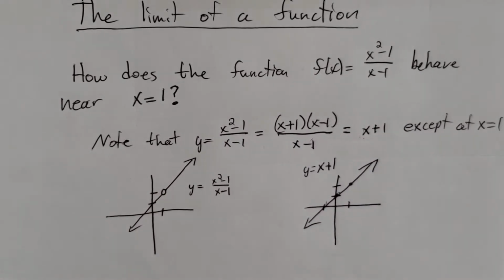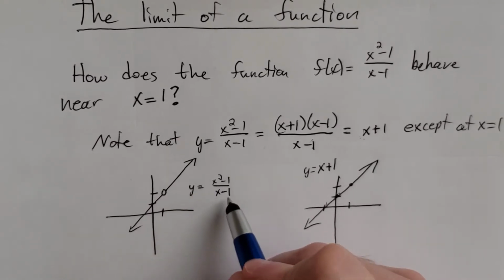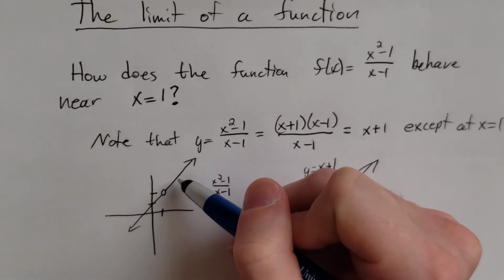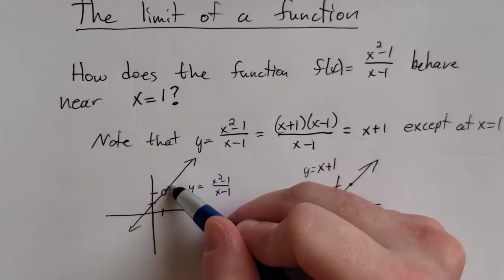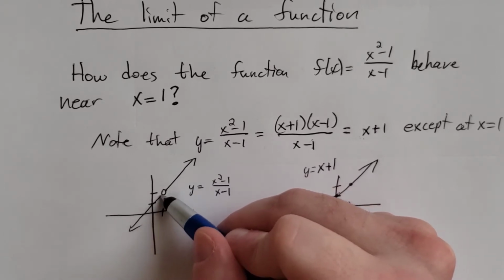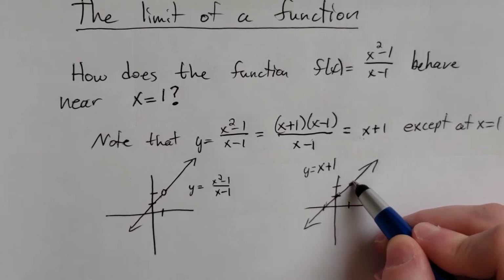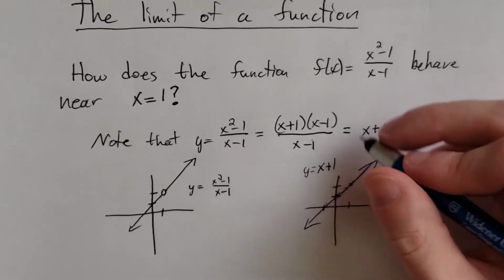So what we can see from this picture here is that for x squared minus 1 over x minus 1, the y value tends towards 2 as x approaches 1. And that's the same thing over here. What does the y value approach as x approaches 1? Well, it approaches y equals 2.